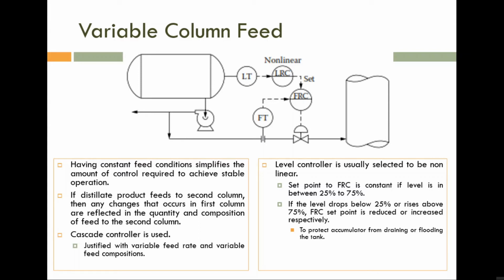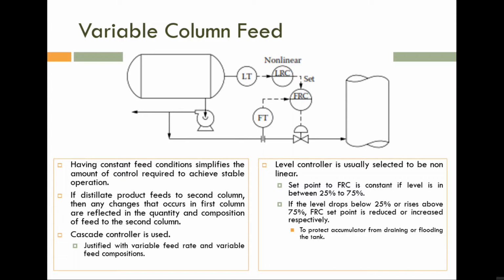If the liquid distillate flow rate is affected by the disturbance, in order to remove the effect of that disturbance on the liquid level inside the accumulator, we have to use a cascade controller. That one is a normal situation, but here the purpose is different.